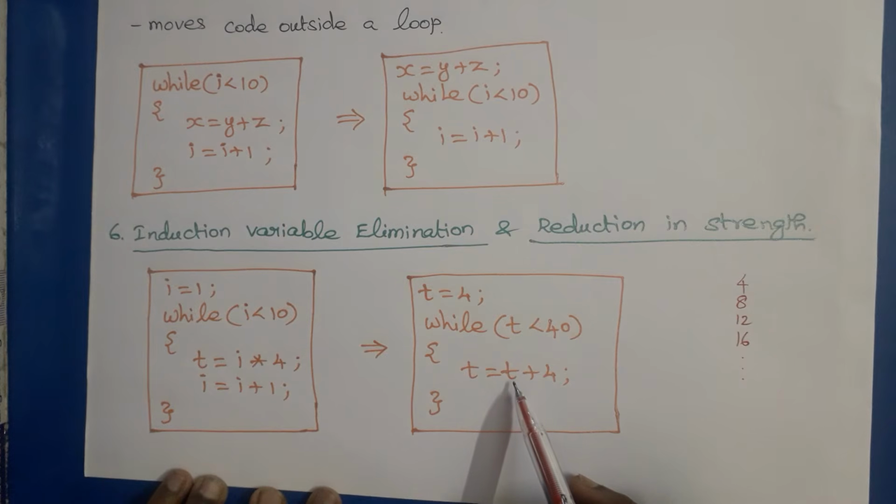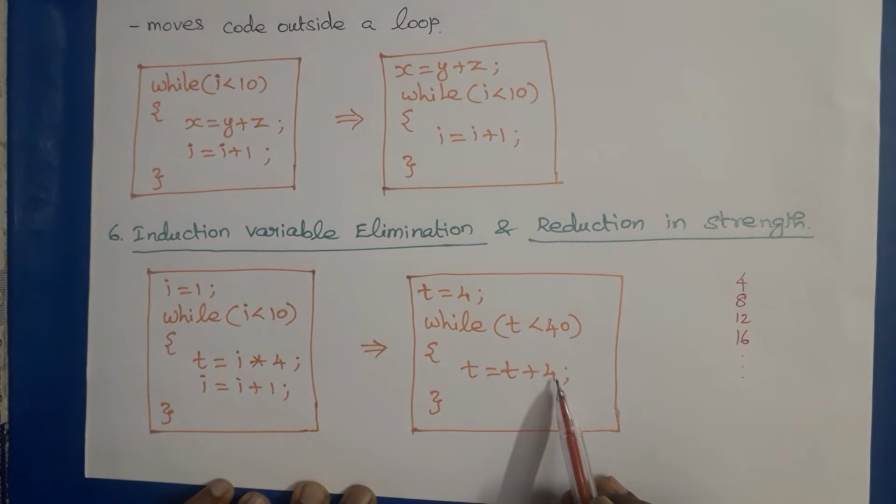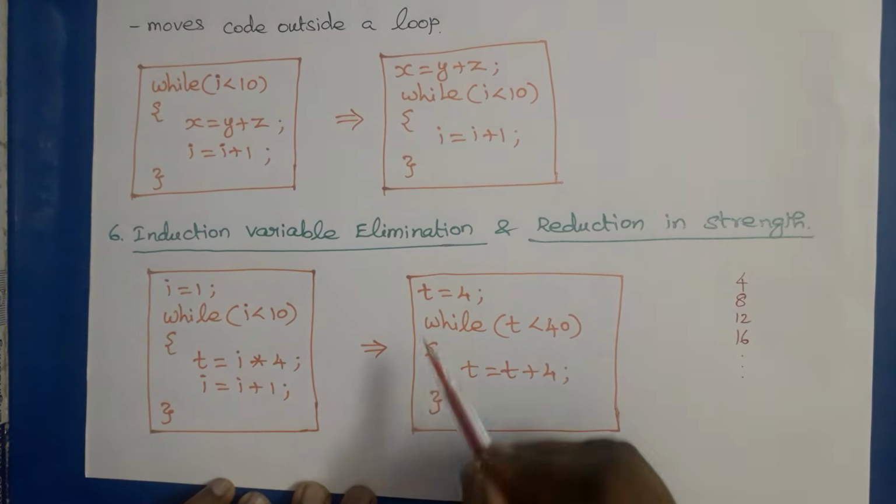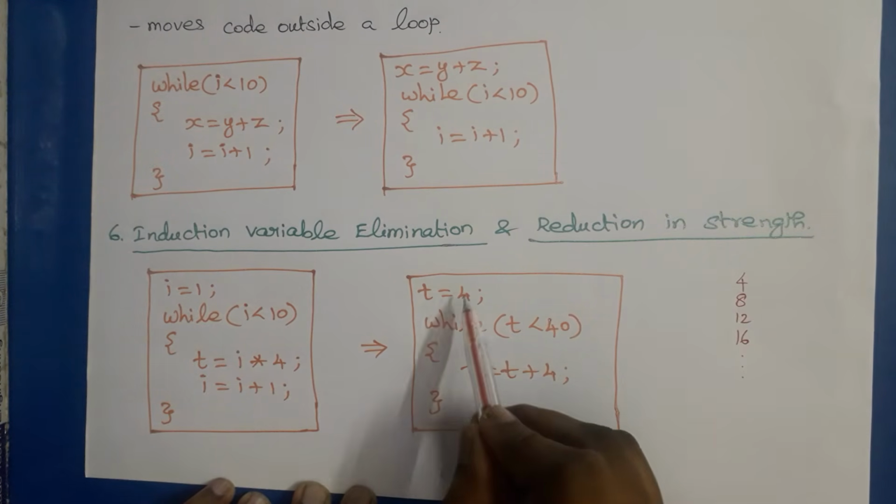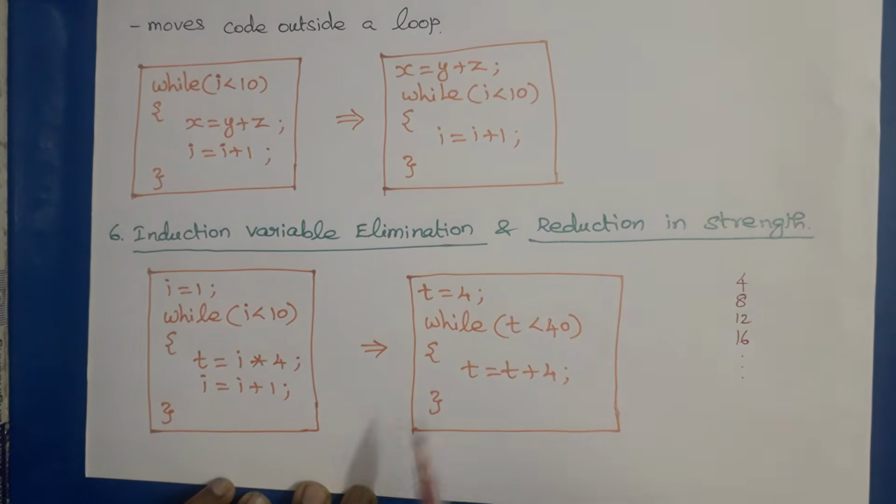So t equals t plus 4 means the t value will be increased by 4 every time, so the first time, we don't know the value of t, so it should be initialized before the while loop. So t is equal to 4 because the initial value of t is 4. After each iteration, it should be incremented by 4. So t equals t plus 4.